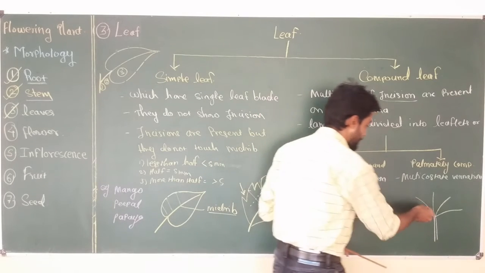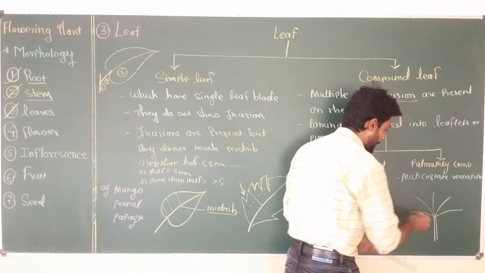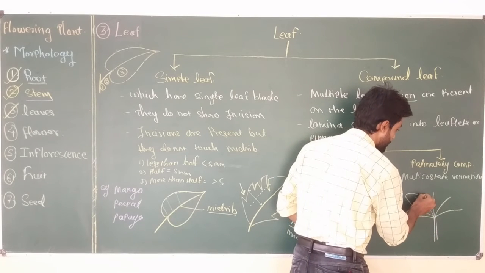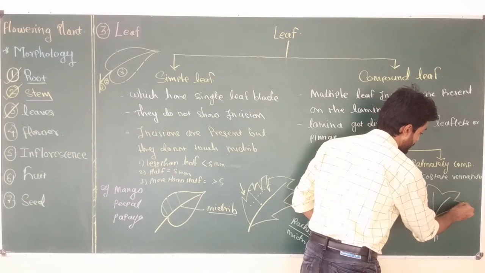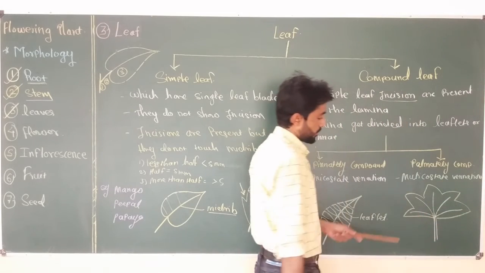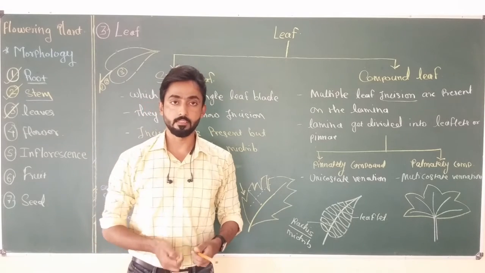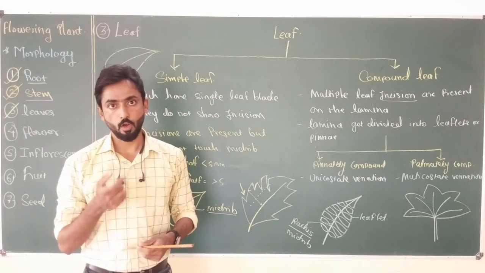And now we know that in this case, the leaf blade or lamina will be present like this. The example of a multicostate divergent type of plant is the palm tree.